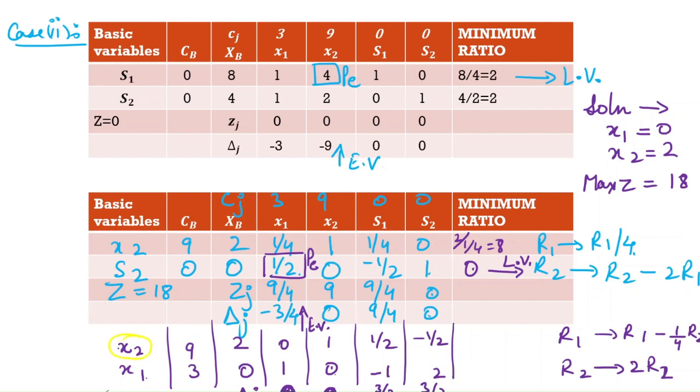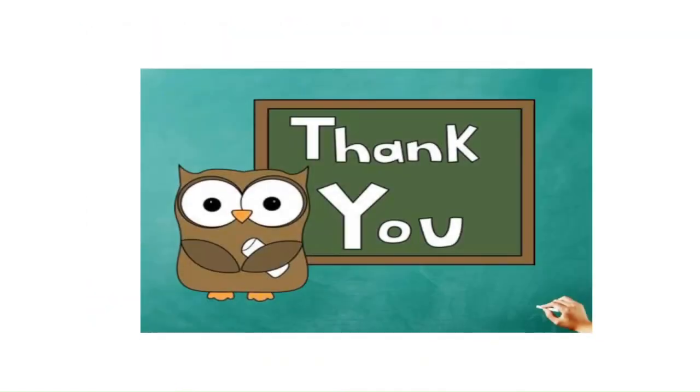X2 value is coming out to be 2, x1 is coming out to be 0, and z, if we calculate, is equal to 18. So the answer doesn't change, but yes, we are getting a degenerate solution here, and similarly in the first case also. So this is the degeneracy in the linear programming problem, and in the next one we'll be talking about the unbounded solutions.